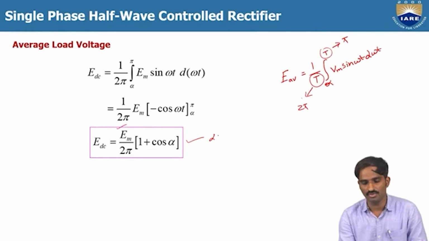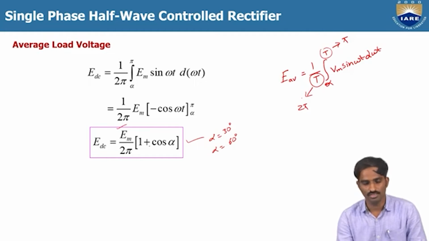By changing the alpha value, we can control the output voltage. If we consider 30 degrees, then we will get some value of the average load voltage. And if you consider alpha equal to 60, then the value will change.